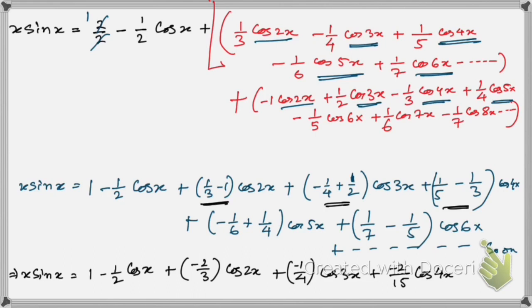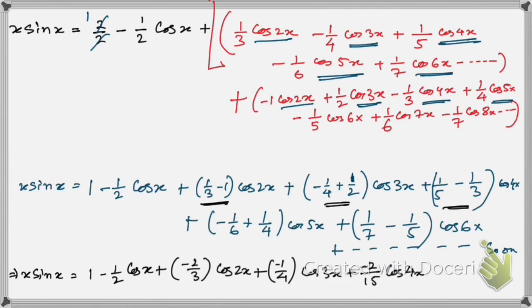Then just wait, let me do a little bit of adjustment as I need more space. Okay, now you see plus, then from this two, what we're gonna have, I think minus 1 by 12, yeah, minus 1 by 12.